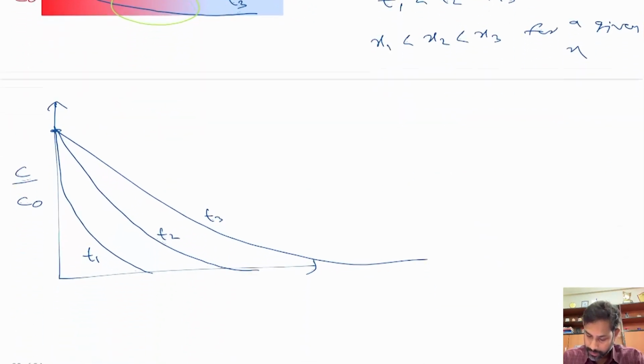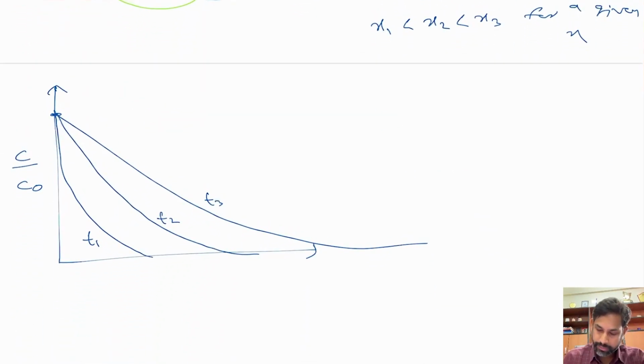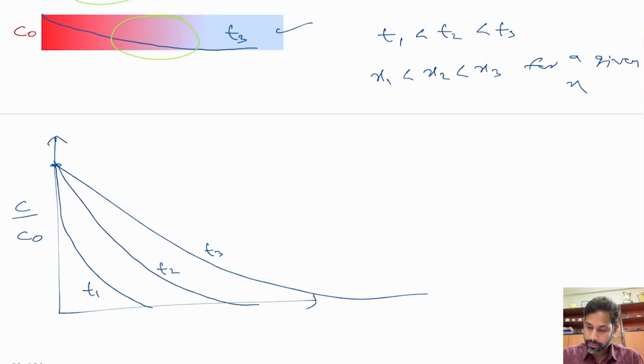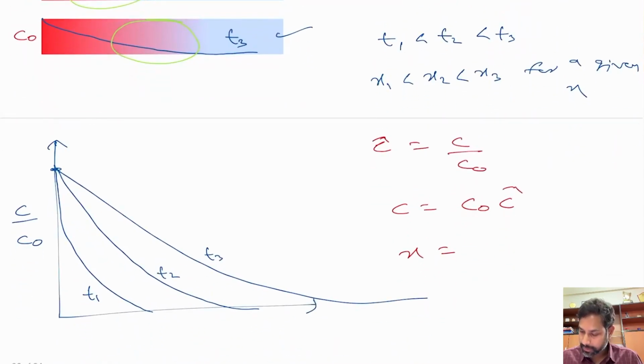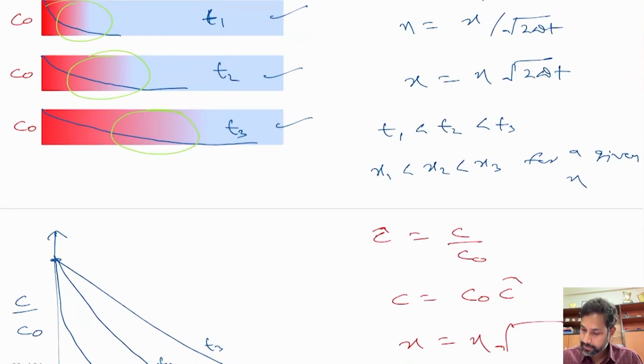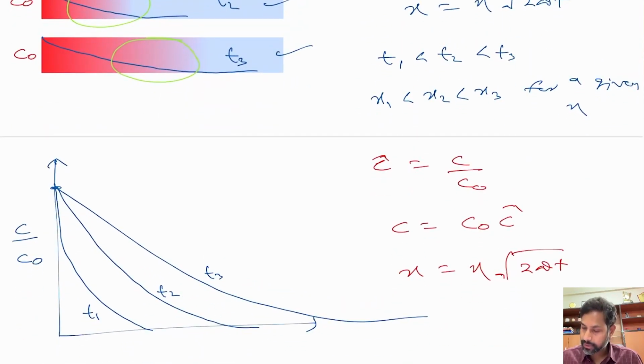All right, so once you have got the solution, you can easily convert it from non-dimensional form to dimensional form. C hat is C over C naught, so this gives us C as C naught times C hat. And likewise your x, as we discussed, can be obtained from eta as 2 root Dt for a given t value.